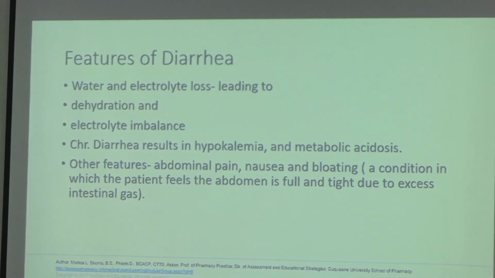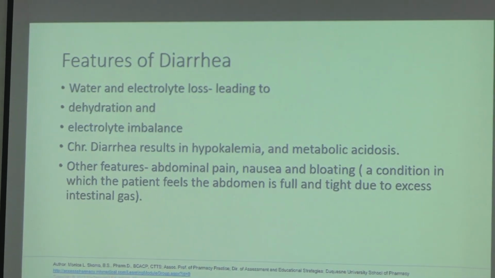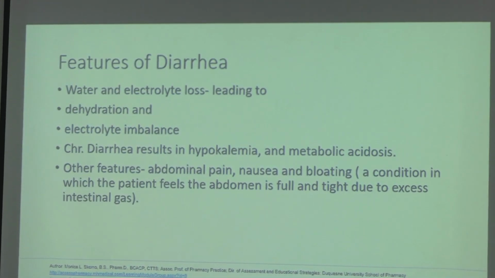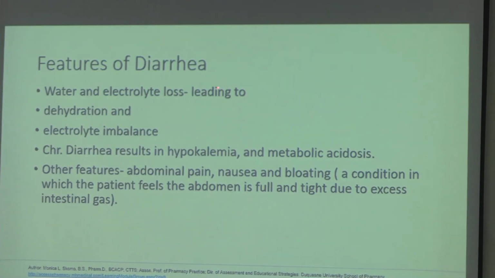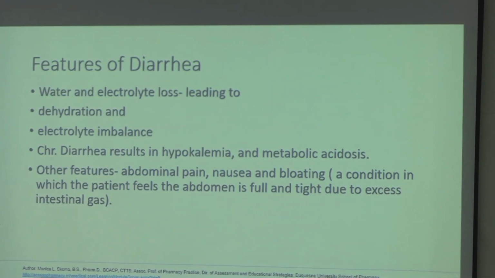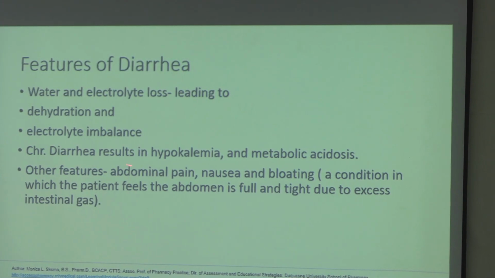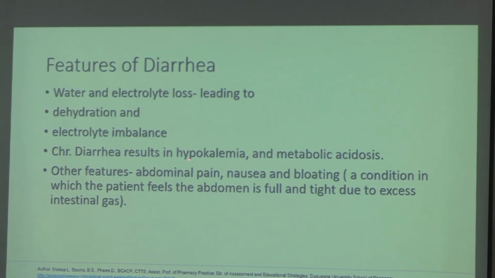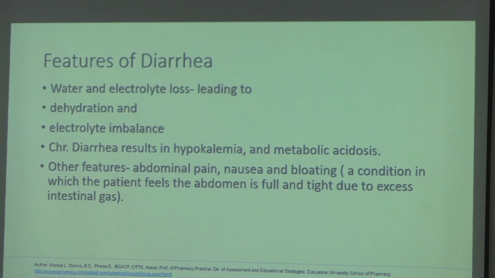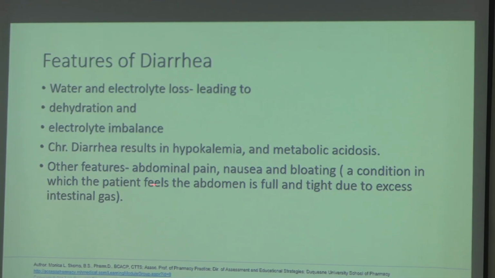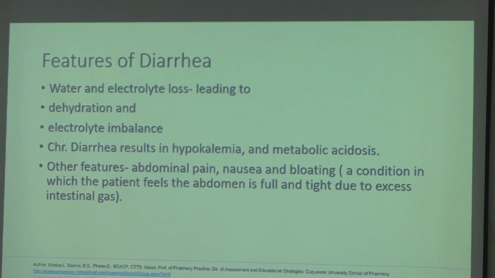Features of diarrhea, how do you know there is diarrhea? Water and electrolyte loss leading to dehydration, electrolyte imbalance. Chronic diarrhea results in hypokalemia, electrolyte imbalance, metabolic acidosis, and other features are abdominal pain, nausea and bloating.